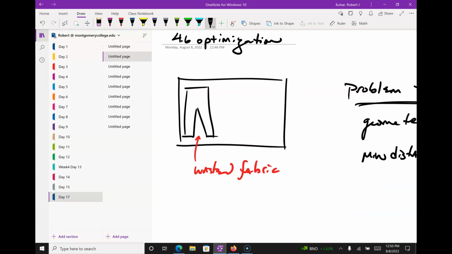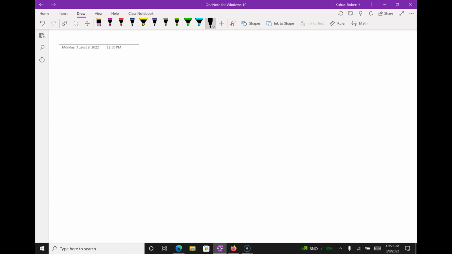I will say it when I'm doing this problem, but I'll write it down when I'm doing the step-by-step, okay? I want to draw a picture here if I can. This is 4.6, number 5, right?